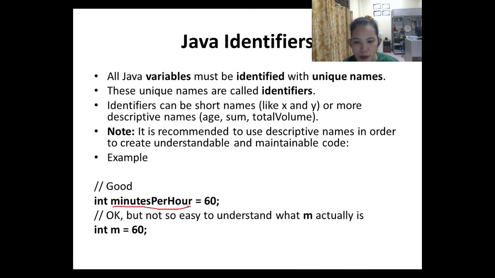And it's supposed to store the minutes per hour. Then that is equal to 60. The second example is okay, but not so easy to understand what m actually is. int m = 60.